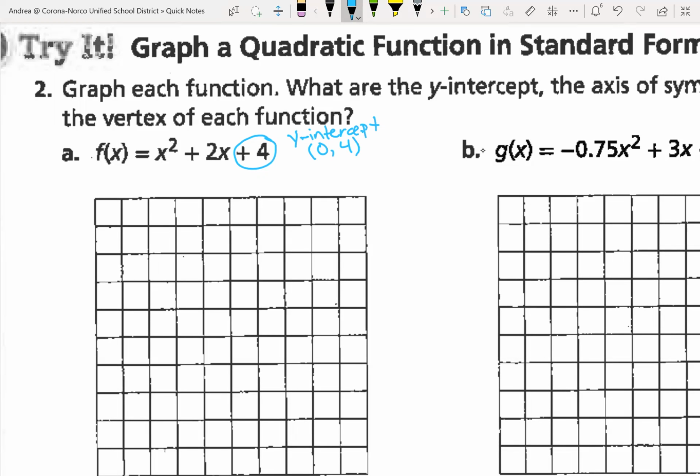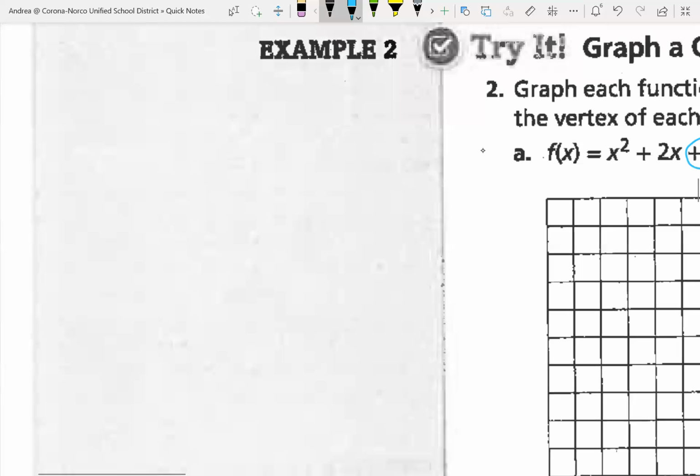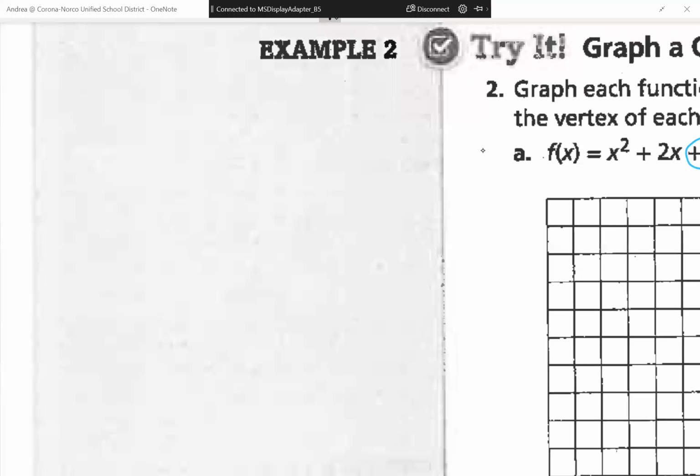The next thing they ask you to find is the axis of symmetry. Right over here, we need to identify what the axis of symmetry is. There is a formula to find the axis of symmetry.